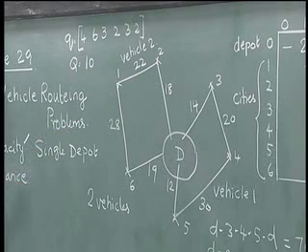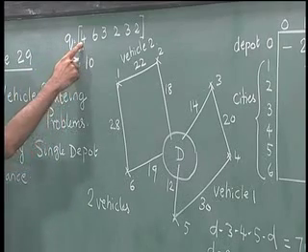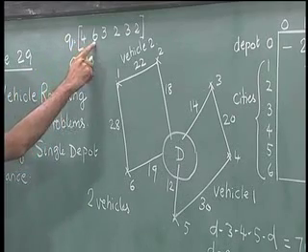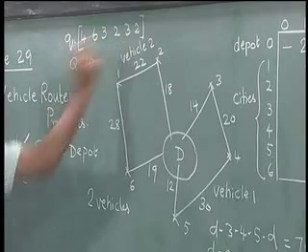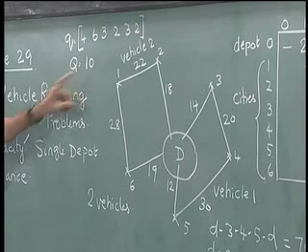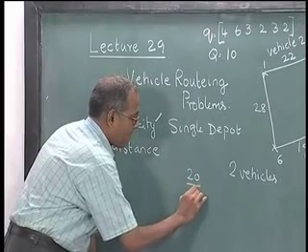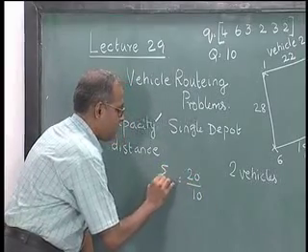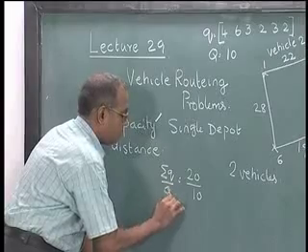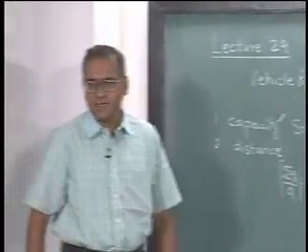The moment we also bring in capacities, we can do further computation and say that the total demand of the 6 nodes is 4 plus 6 is 10, 15, 20. The capacity of the truck being 10, the minimum number of trucks required is the upper integer value of 20 by 10, which is the upper integer value of sigma q by Q, which happens to be 2 in this case.